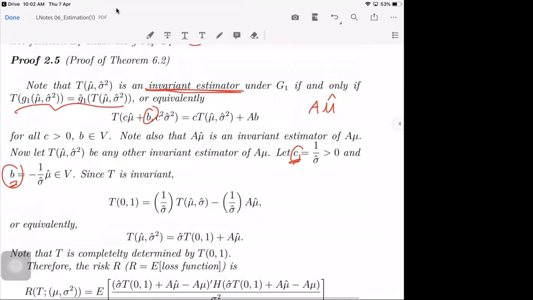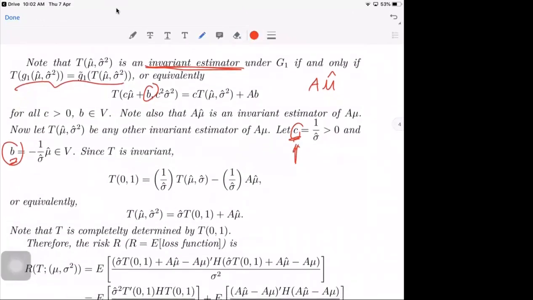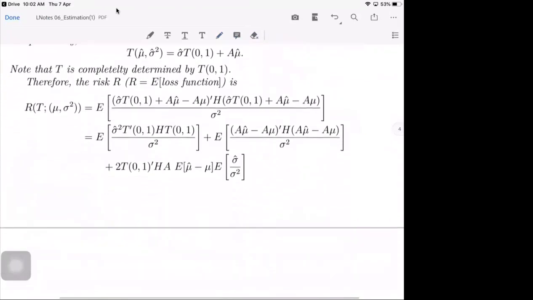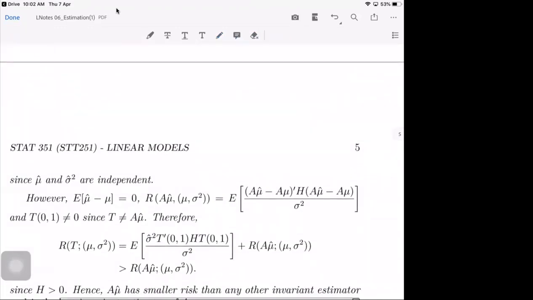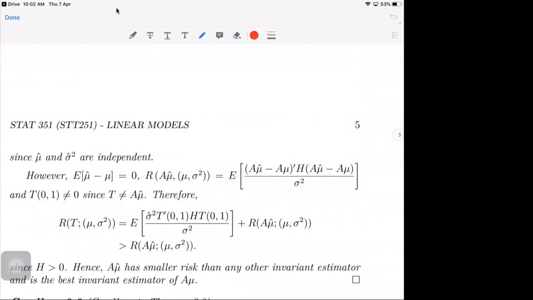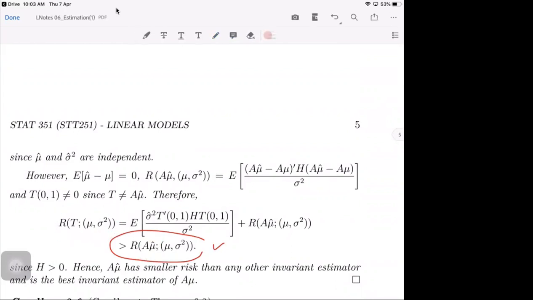First, you just let it be C. And then look at the final answer and try to manipulate it to simplify your equation. Actually, we also want to simplify it in terms of the risk function. Because we want the best, we must show that the risk function associated with the competing invariant estimator is greater than the risk function associated with your desired estimator A mu hat.